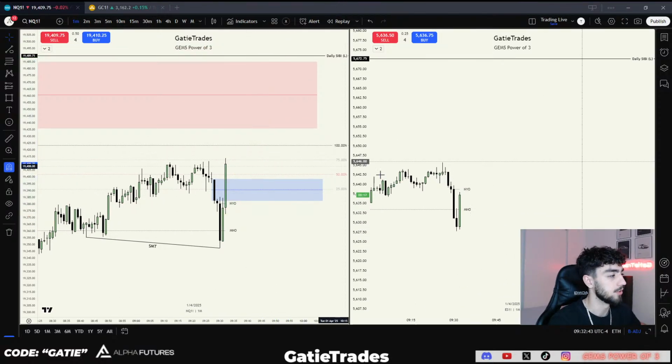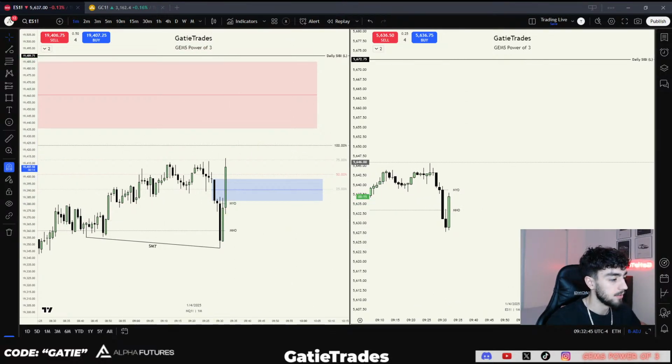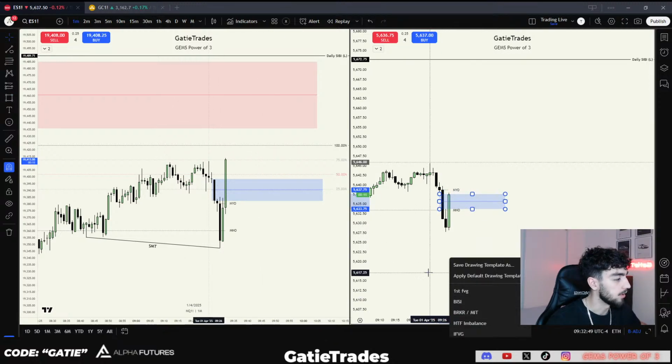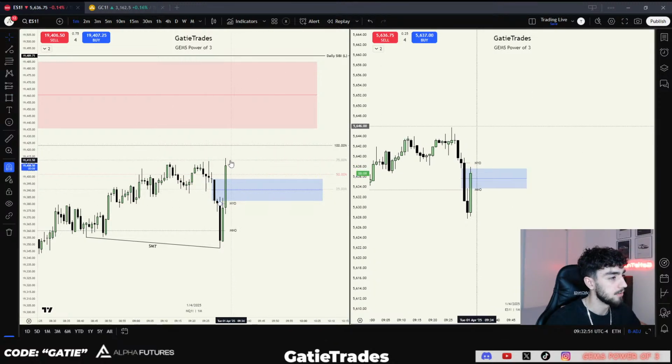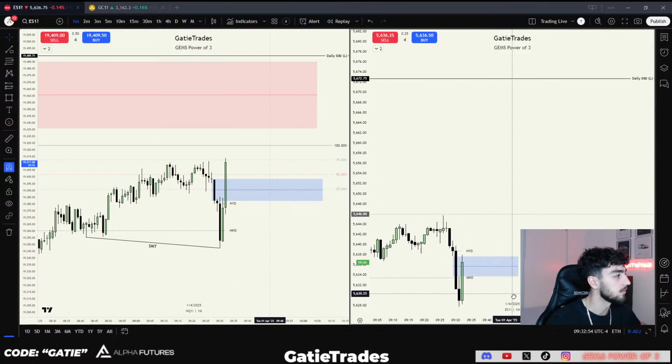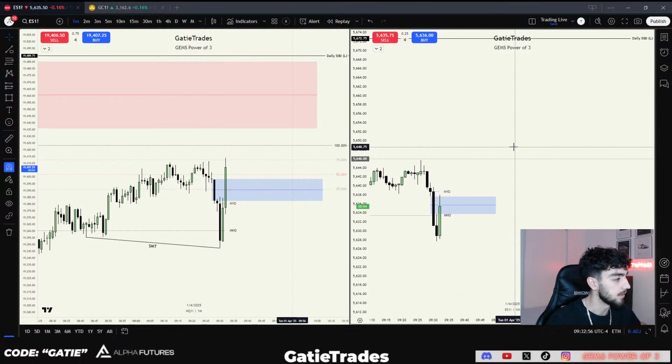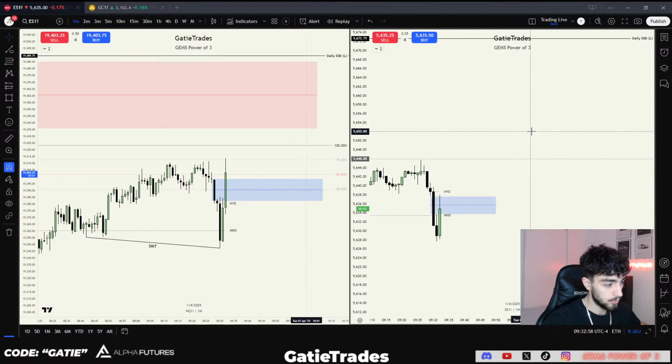Okay, now the candle is just closing way too far. This is literally the classic model that we were talking about taking. But look at the displacement on that candle now. Can't take that. Just have to wait.